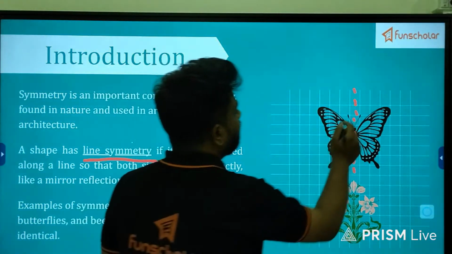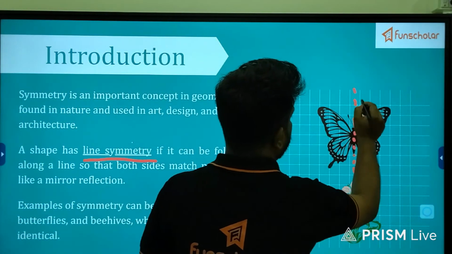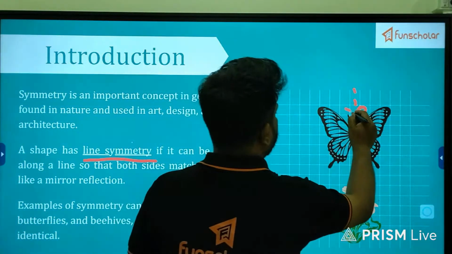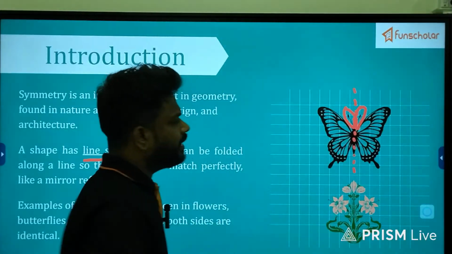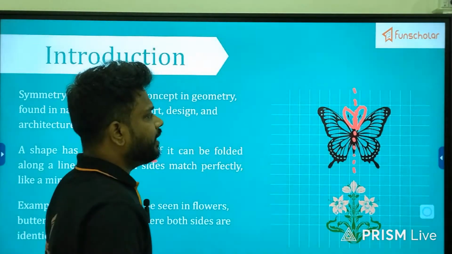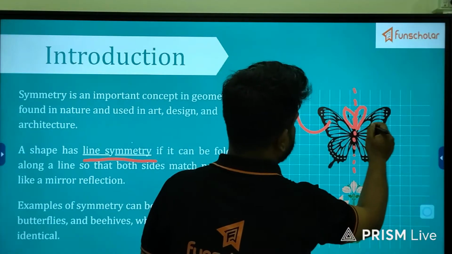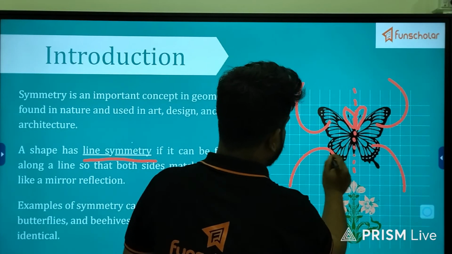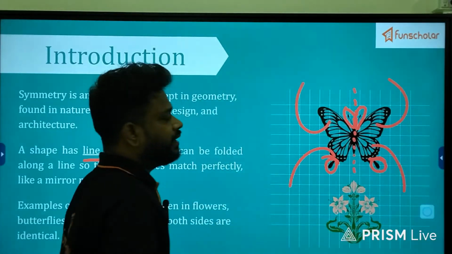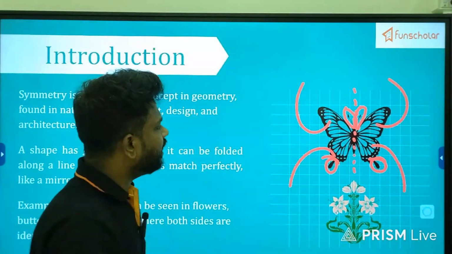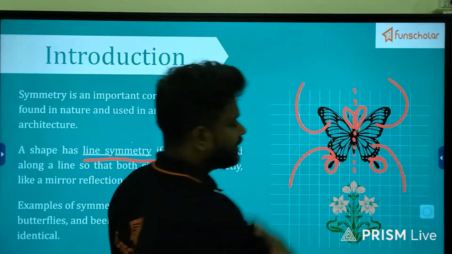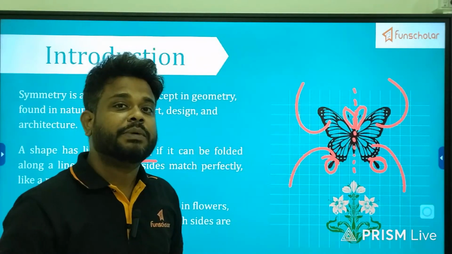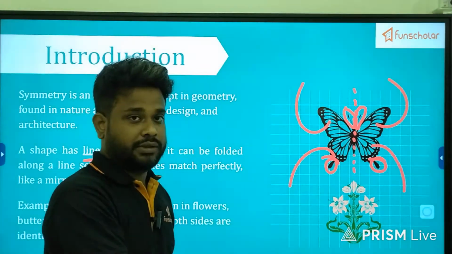You can see that it has two fangs or something, on two sides, and their wings, each wing, and also a little bit of a tail on each side. It will be the same, so we will call this butterfly symmetrical.